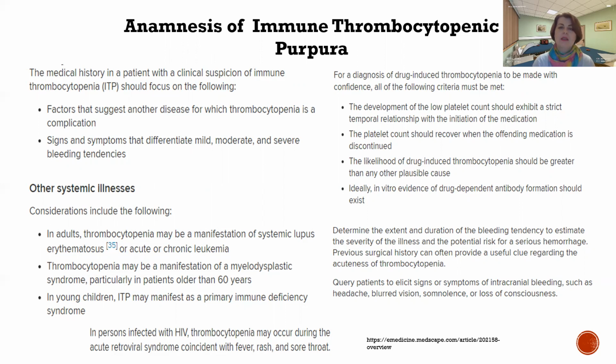First one, the development of low platelet count should exhibit a strict temporal relationship with the initiation of the medication. The platelet count should recover when the offending medication is discontinued. The likelihood of the drug-induced thrombocytopenia should be greater than other plausible causes. Ideally, in vitro evidence of drug-dependent antibody formation should exist.